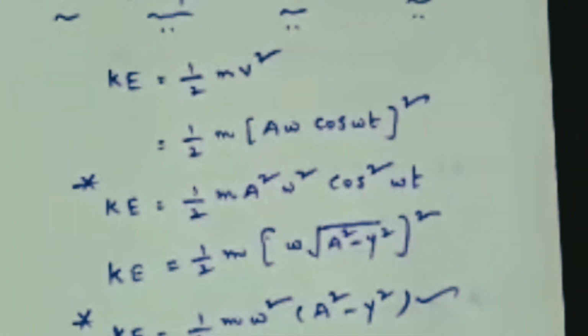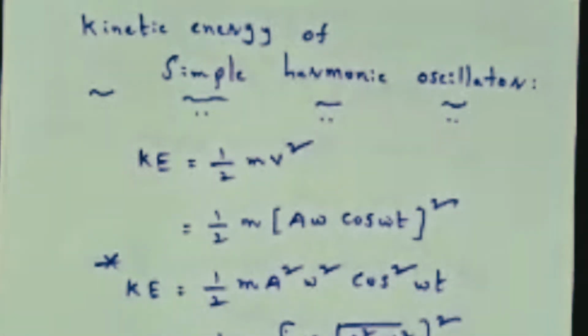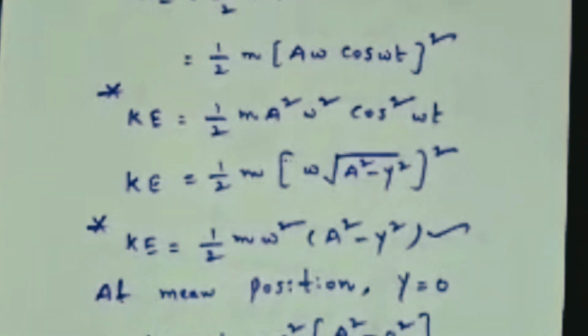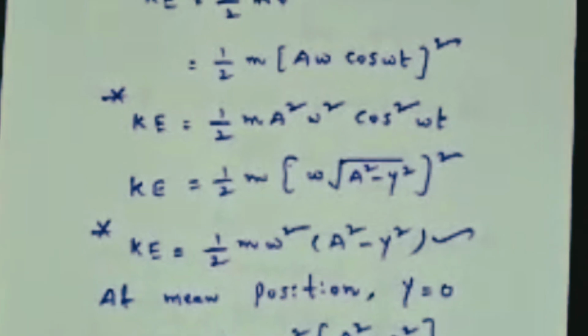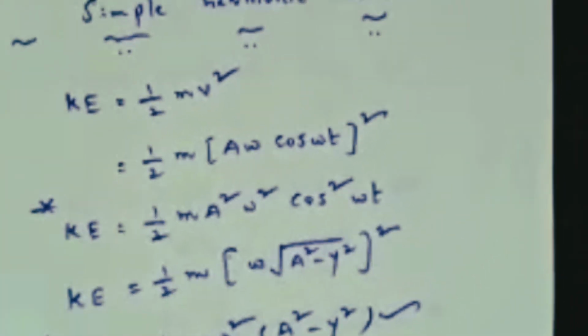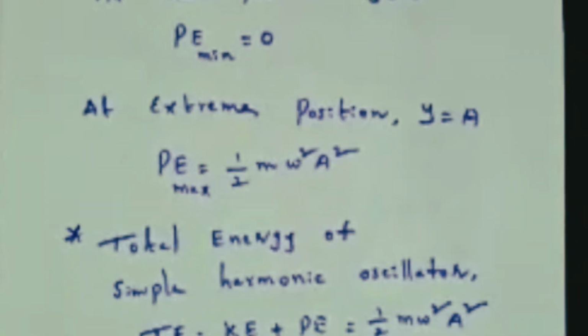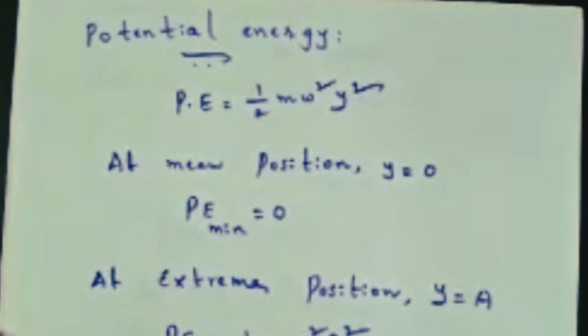Okay, so just take this kinetic energy of the simple harmonic oscillator, and with that at mean position and extreme position: kinetic energy is maximum at the mean position and minimum at extreme position. And potential energy at mean position is minimum, where kinetic energy is maximum.